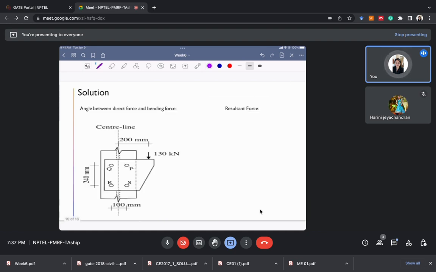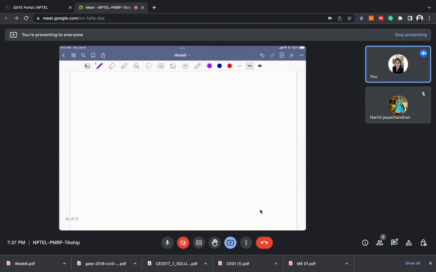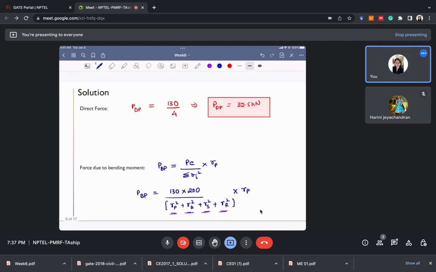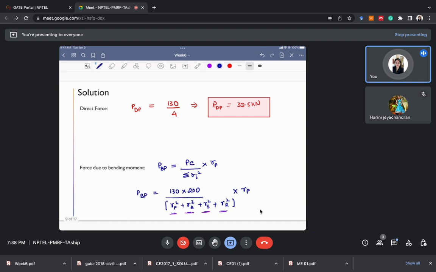So what is the value of PBP now? PBP will be equal to 130 multiplied by 200 multiplied by Rp, which we have calculated as 130, divided by 4 into 130 square.